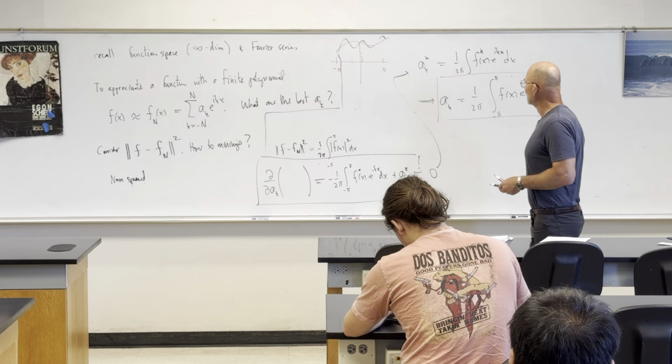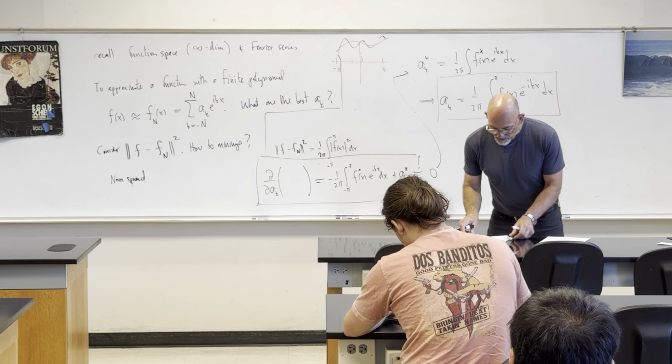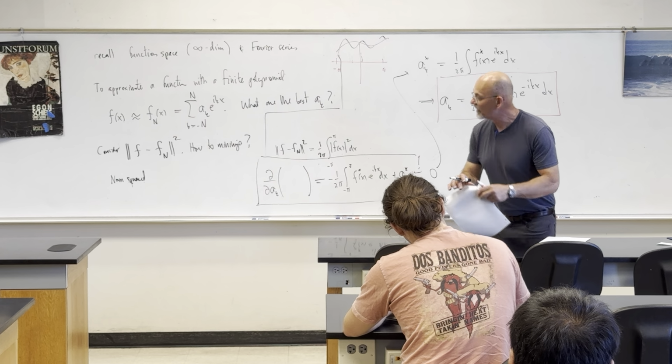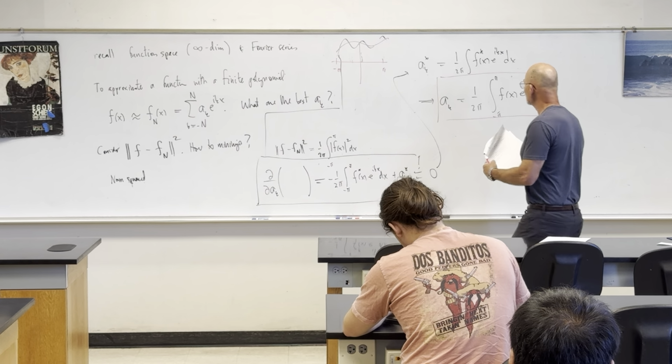Good. So we get one more interesting result out of this. Actually kind of pretty crucial. So what we did was we set this derivative equal to 0, and that just gave us the regular Fourier coefficients that we had called c sub k before. In this calculation, they were completely undetermined. They were just numbers.